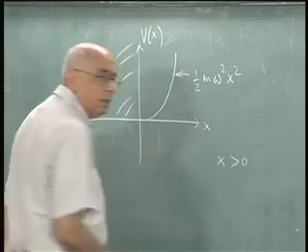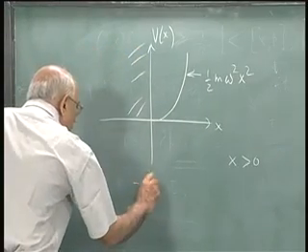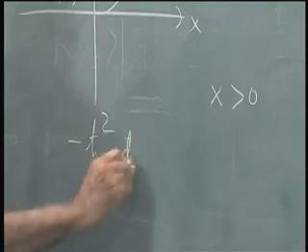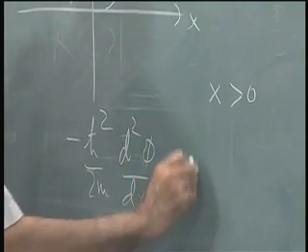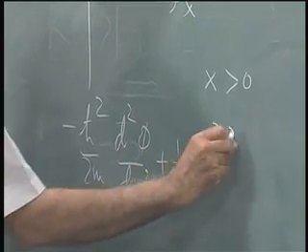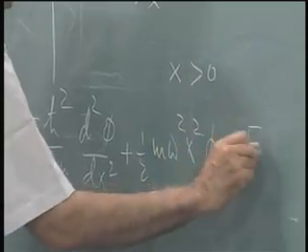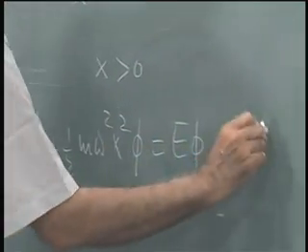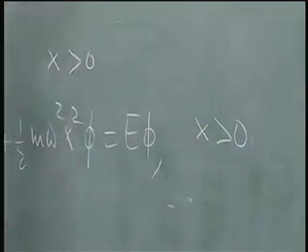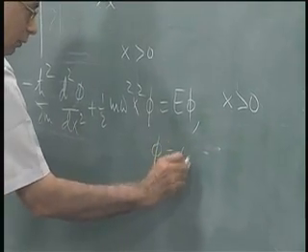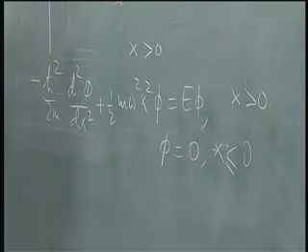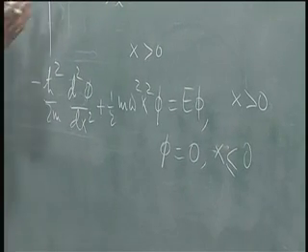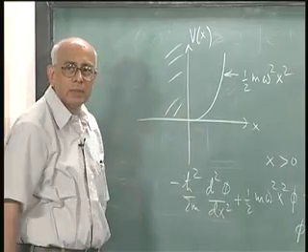So in this region you have this equation minus h cross squared over 2m d2 phi over dx2 plus half m omega squared x squared phi equal to E phi, and this is for x greater than 0. And since the potential is infinite, the wave function is 0 in this region including at this point.